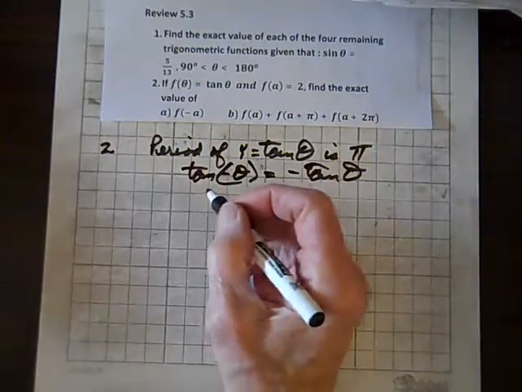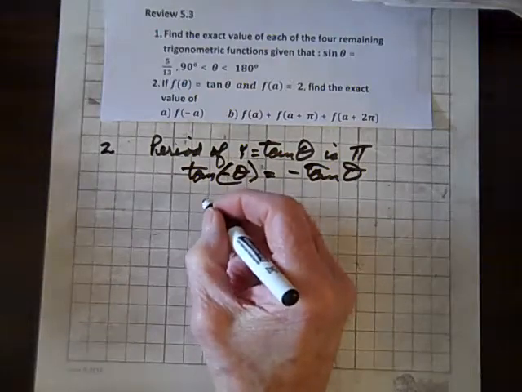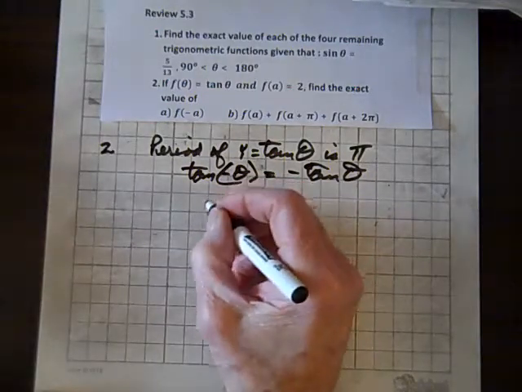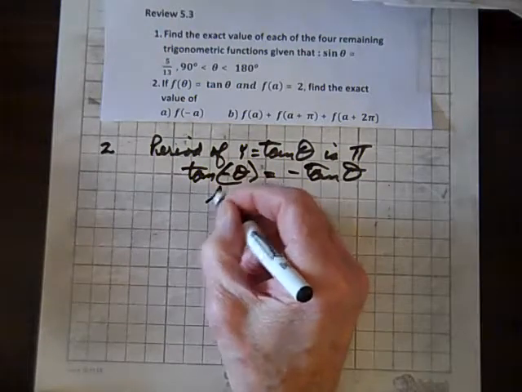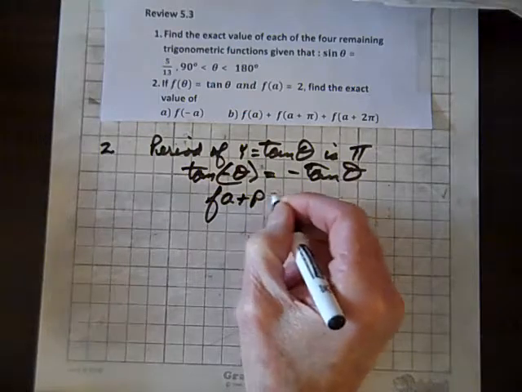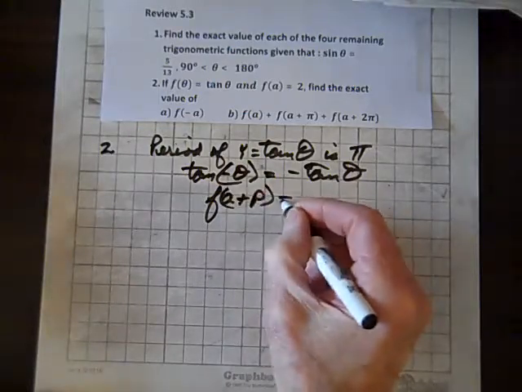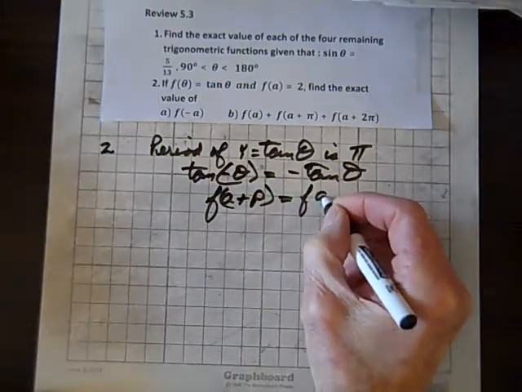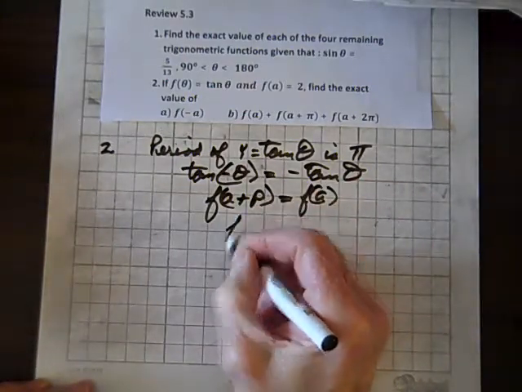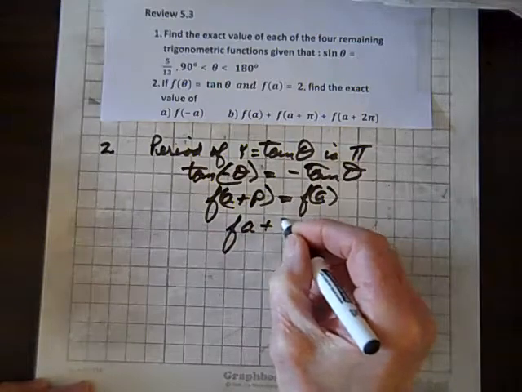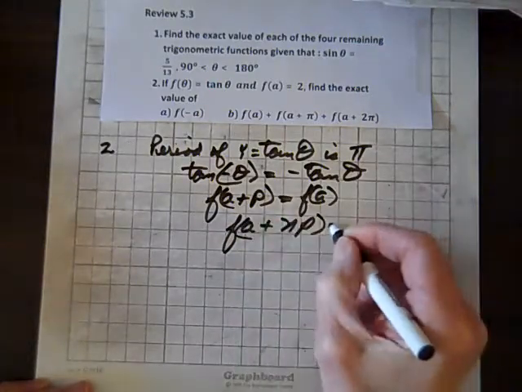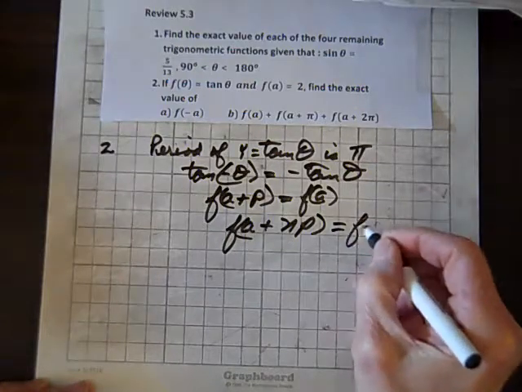Okay. Also, you need to know this. If the period for some function is, let's say, p, then f of a plus its period equals f of a, because you always land back where you started. So f of a plus, in addition to that, np, where n is an integer, will equal just f of a.